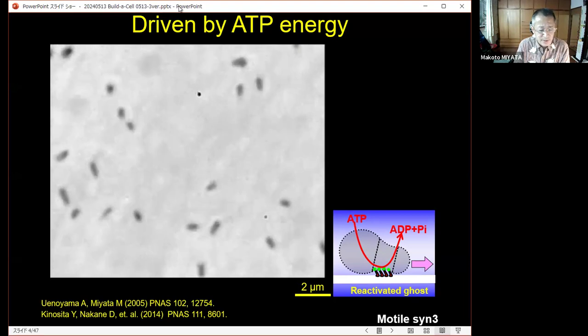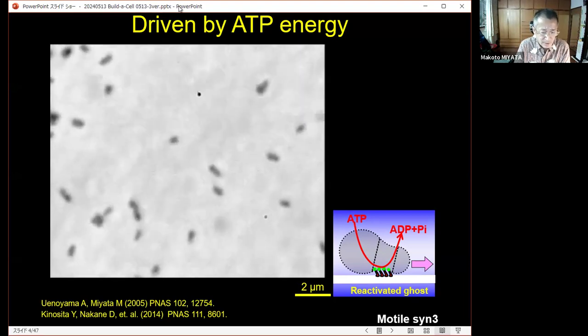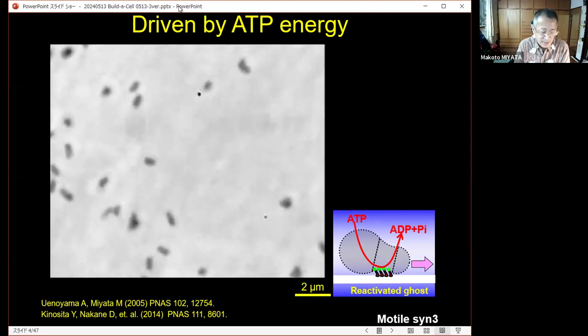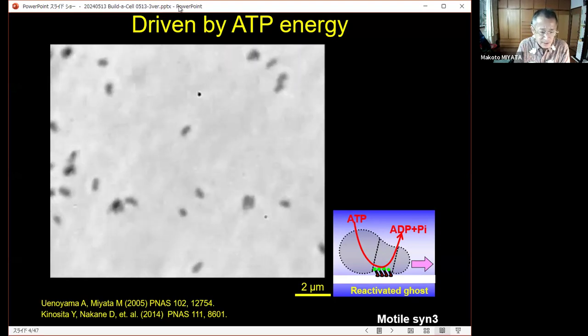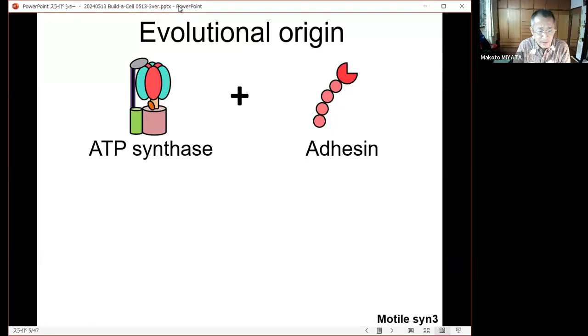Through all the research on this motility system, we reached a conclusion about its evolutionary origin. As you know, ATP synthase rotates inside the cell membrane to synthesize ATP and sometimes makes the membrane potential.